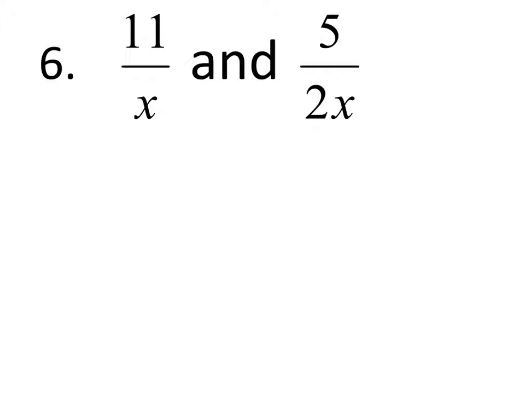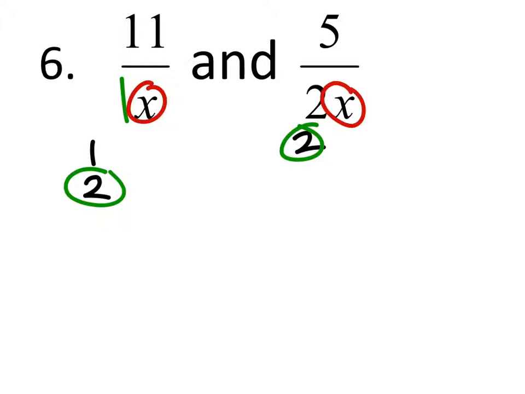So we should acknowledge that this x has a coefficient of 1. Listing multiples of 1, we got 1 and 2. Well, that's already a common denominator with the 2. So we got the 2, and this one has an x, and this one has an x. So it looks like it's just 2x.